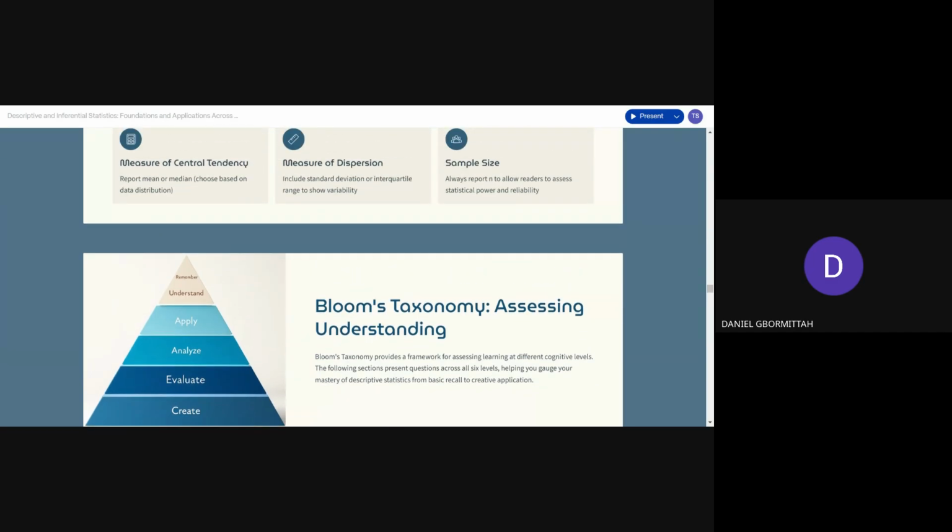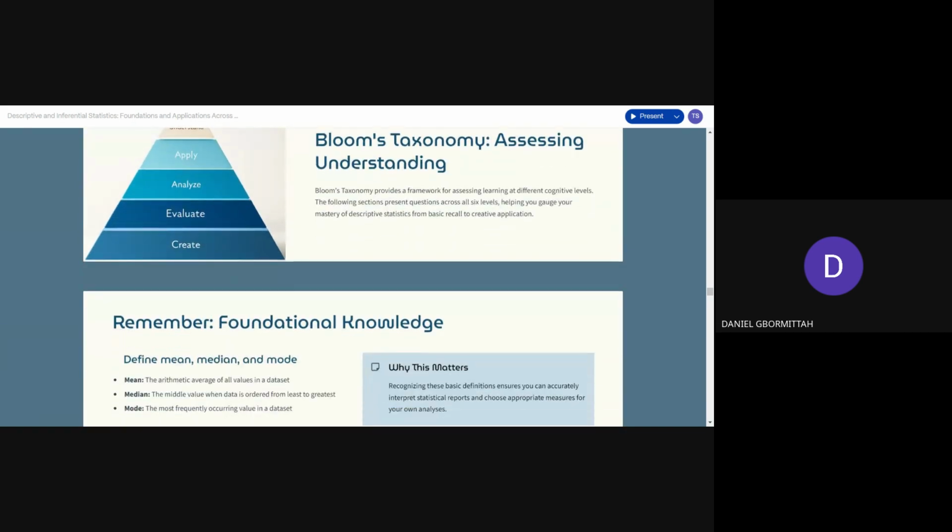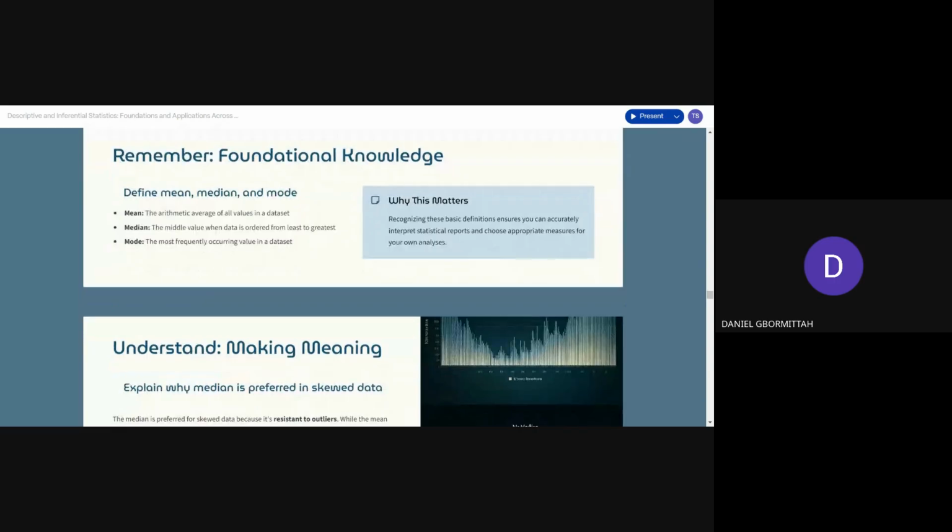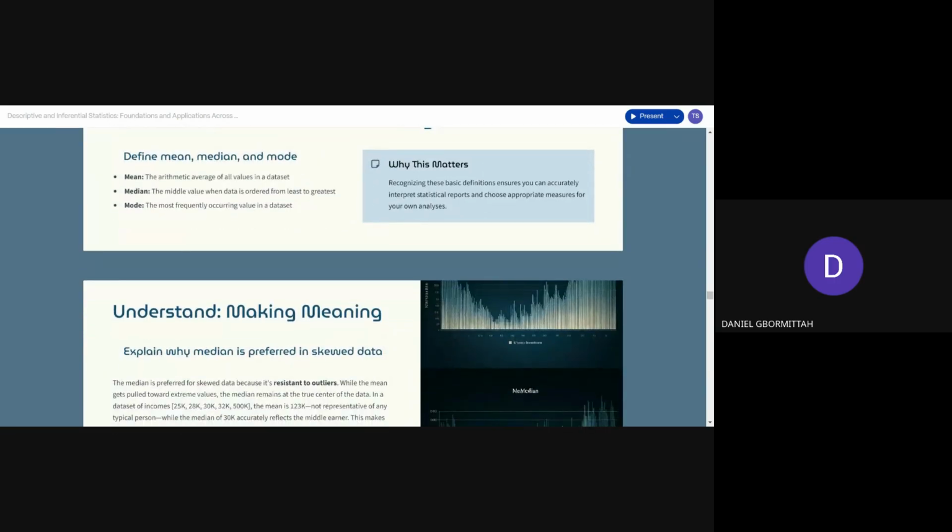Where the majority of the questions are on their ability to remember or understand, they may tend to perform high, above the mean.